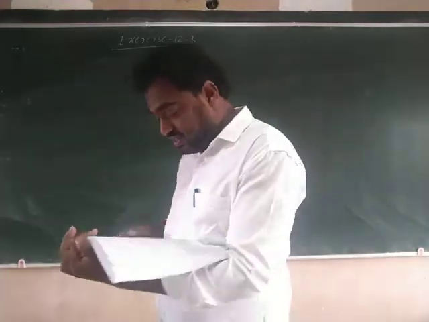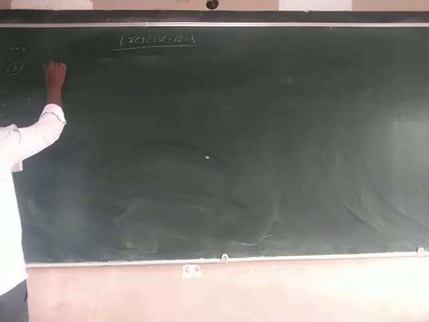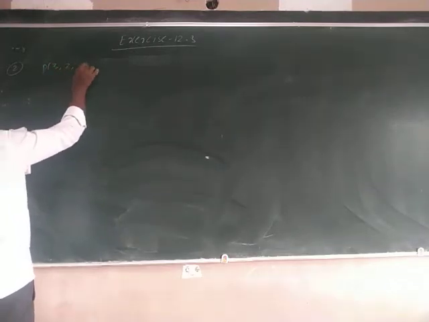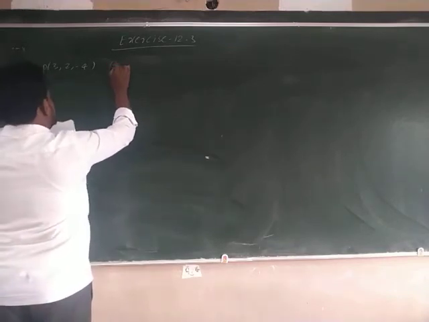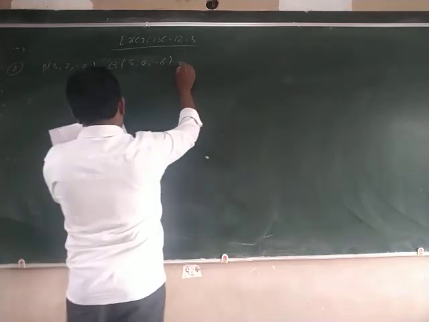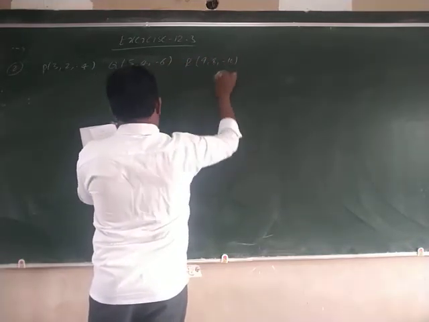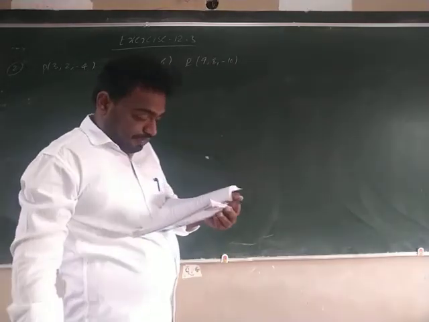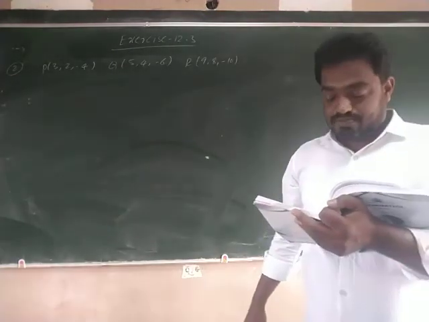Next, the exercise's second question you see. Given that P(3, 2, -4), Q(5, 4, -6) and R(9, 8, -10) are collinear, find the ratio in which Q divides PR.